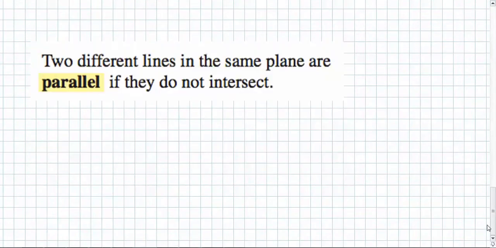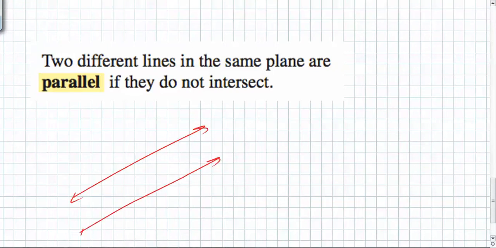One important thing that slope-intercept form tells you is if two lines are parallel. And two different lines in the same plane are parallel if they do not intersect. So we might have a line like this and a line like this. And you can check this really quickly: if you're given two lines in slope-intercept form, they have the same slope. Keep in mind, they have to be different lines. If it's not different lines, they're just going to overlap.